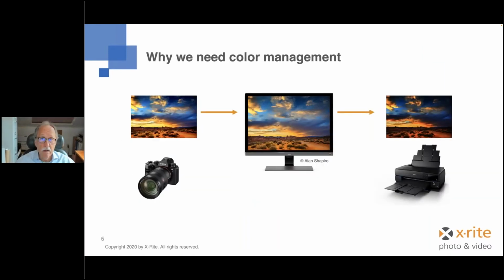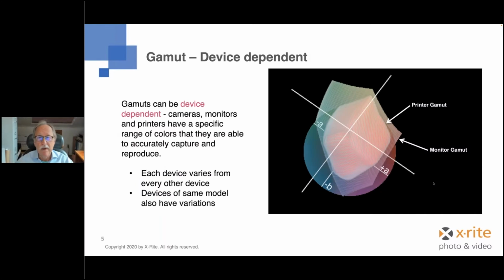When I say produce, gamuts are device dependent, which means different devices have different gamuts. For the most part, all of us can see a very wide gamut. We get to certain kinds of monitors, and it's a more narrow gamut. We get to certain kinds of printing equipment, and it's even narrower.